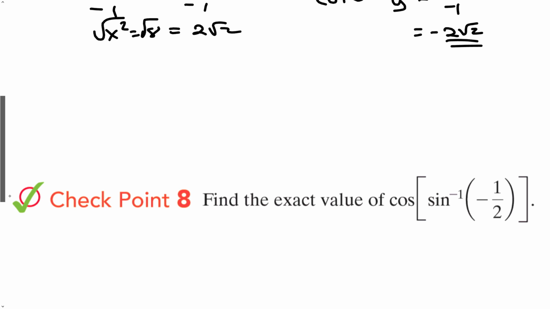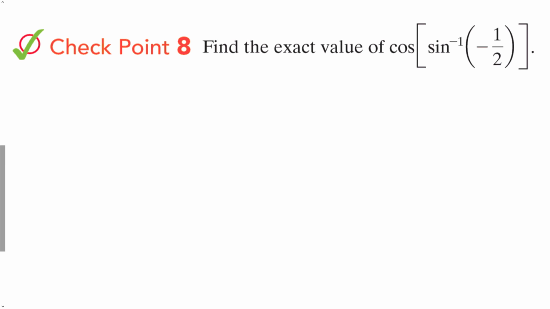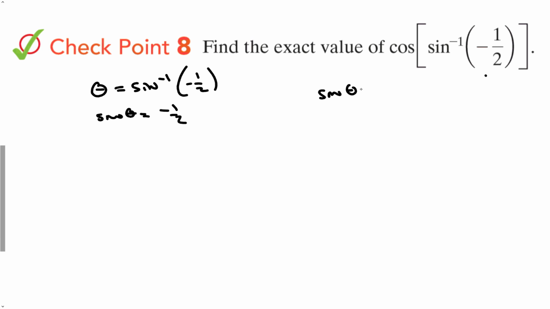Let's try one more of those. Again, fourth quadrant. Okay, so we know that theta is equal to the inverse sine of negative 1/2, and you can skip these steps too if you're getting the hang of this, that the sine of some angle is equal to negative 1/2, which means because the sine of theta is equal to y over r, y is equal to negative 1, r is equal to 2.